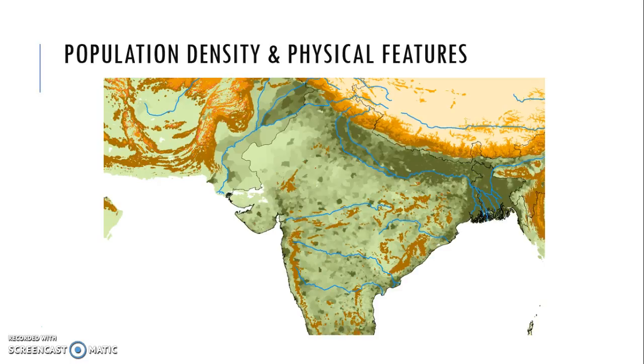So river banks or areas near rivers also tend to have very fertile soils that are good for agriculture. So not just water, not just transportation, but rivers also make the land better for growing crops. So as you can see, there's another way in which we can use physical features to explain where population lives.